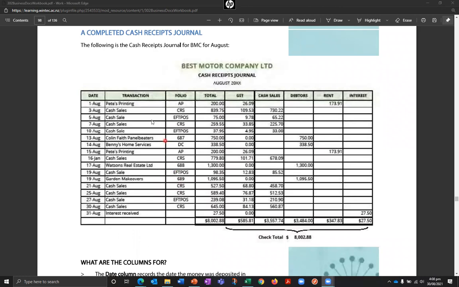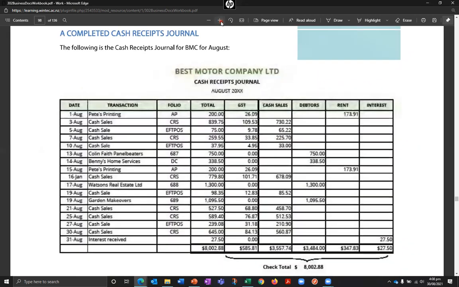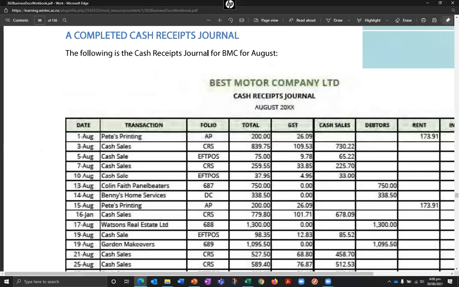Now, I must make a mention of the difference between these two here, cash sales and cash sale. Cash sales has an S on the end, meaning it is plural.